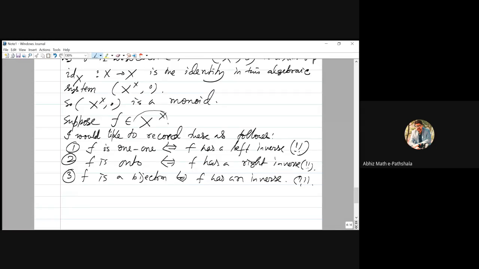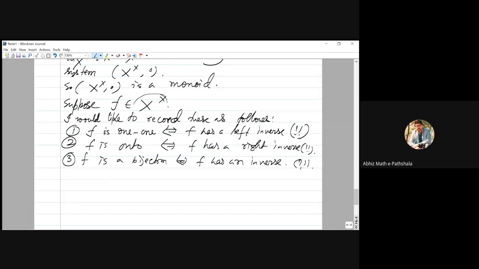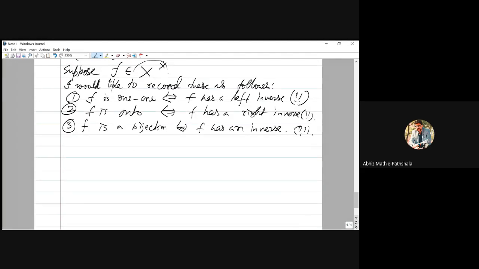If it is a 1-1 map, then you can say that it has a left inverse. If it is onto, then you can say that it has a right inverse. Okay, fine. So if a map is not 1-1 and onto, it doesn't have an inverse.